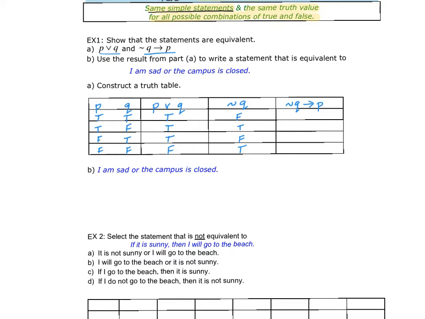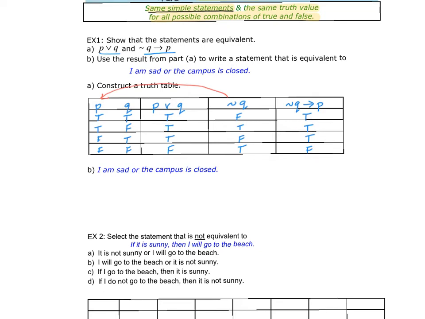And here we're going from not Q to P. So we're going false to true in a conditional statement is true. And then we're going true to true, which is true. False to false, true. True to false is false.